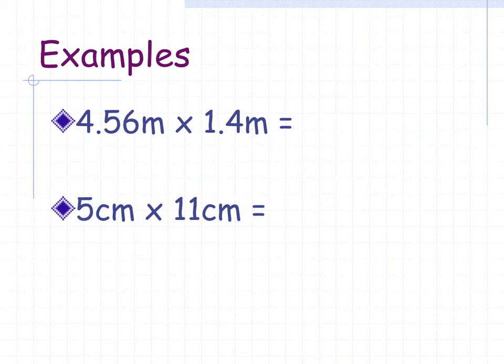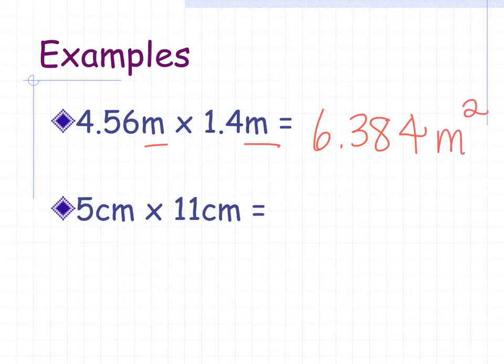We have 4.56 times 1.4 meters. If we put that into a calculator, we get 6.384 meters times meters is meters squared. Now let's take a look. You're measuring in a lab. This measurement that you handed me has 1, 2, 3 significant figures.